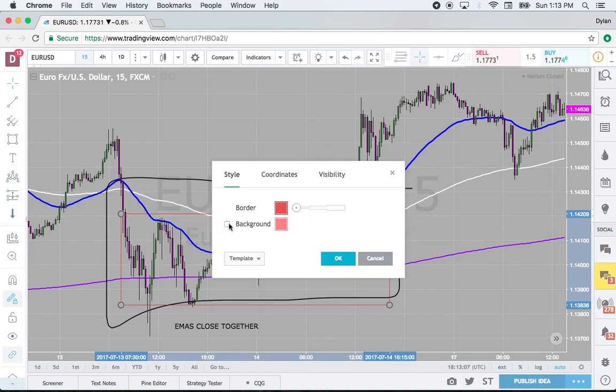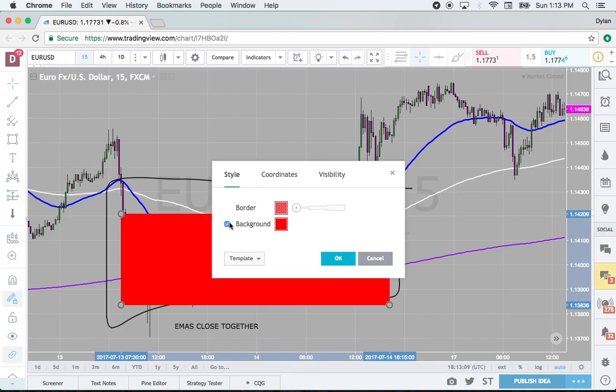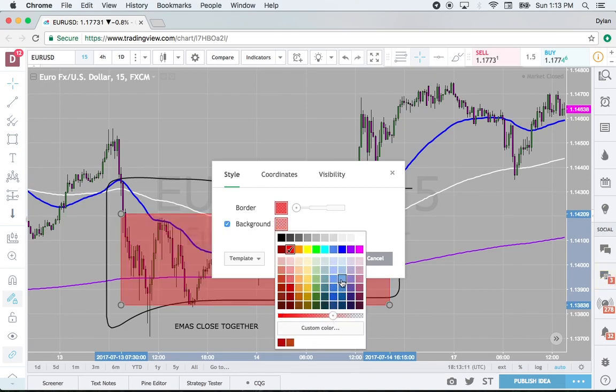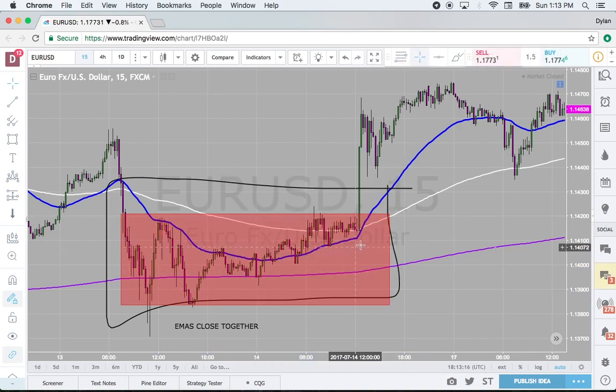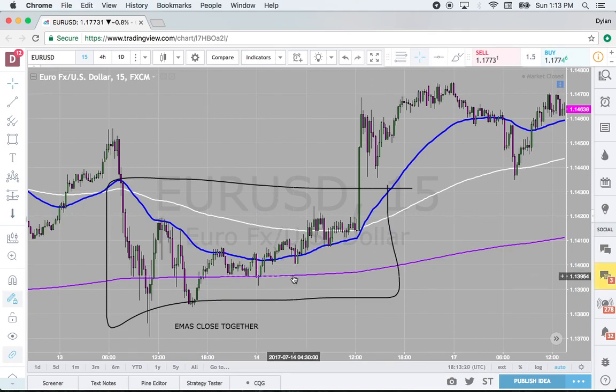This is a terrible box. But yeah, the consolidation, you can see it, and then you can also see the EMAs, the 800, the 50, and the 200.